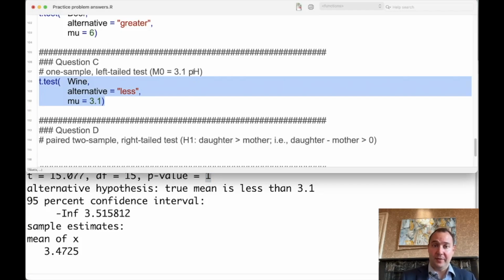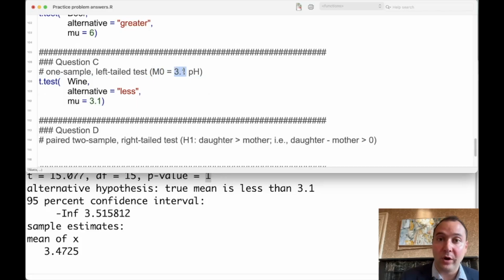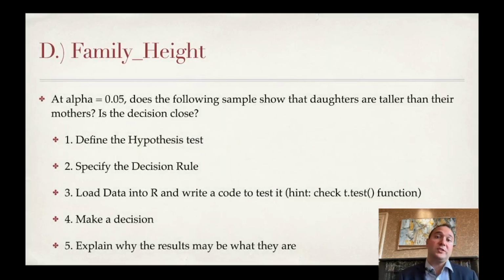What was our null hypothesis? The null hypothesis was our pH level is 3.1 or higher. So we don't care if it's higher, we're only concerned if it's less. In that case, our wine is not too acidic, so we can tell the winery they can sell their wine as normal. Let's look at question D.